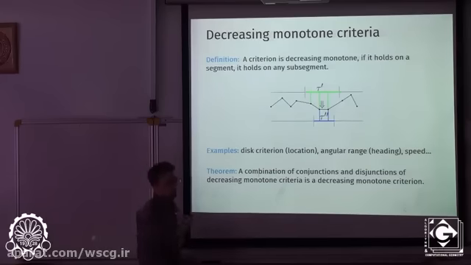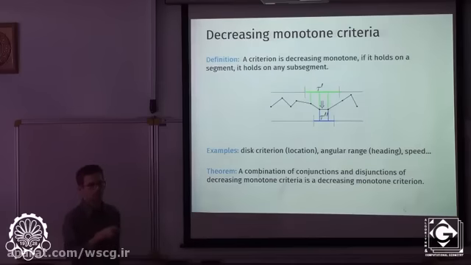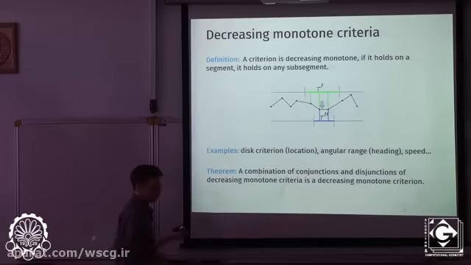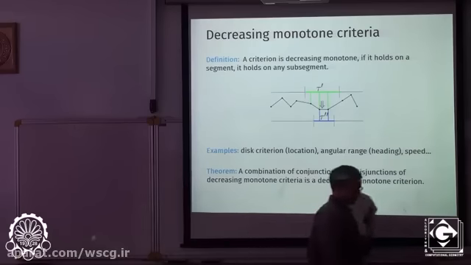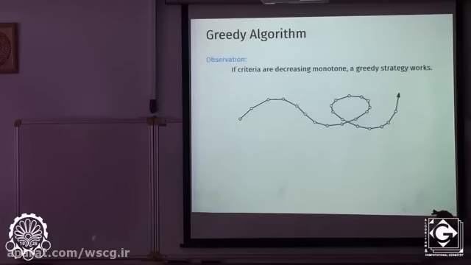Now, if we have this type of criterion, then algorithmically they are actually very easy to handle, and we can do what I already did in these examples where I always started at the beginning, because if it's decreasing monotone, then a simple greedy strategy works. So that means what I can do, I can simply start at the beginning, test whether the criterion is valid.